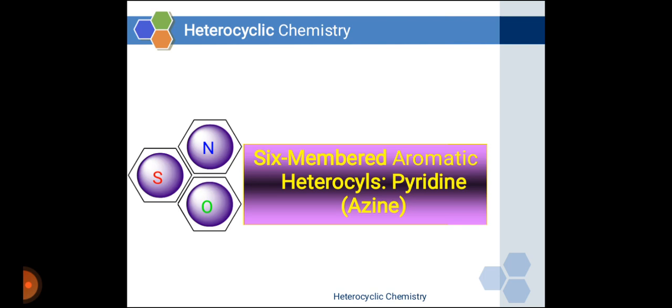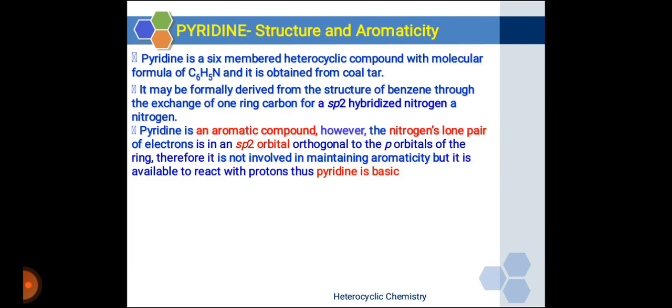First, we are going to discuss the structure and aromaticity of pyridine. Pyridine is a six-membered heterocyclic compound with the molecular formula C6H5N, and it is obtained from coal tar. Three types of electronegative elements are available: oxygen, fluorine, nitrogen.